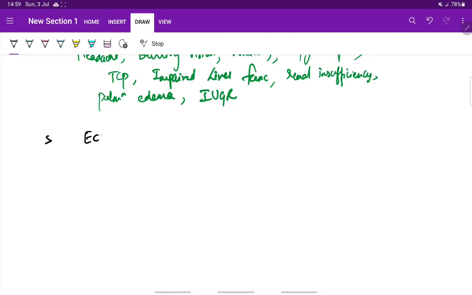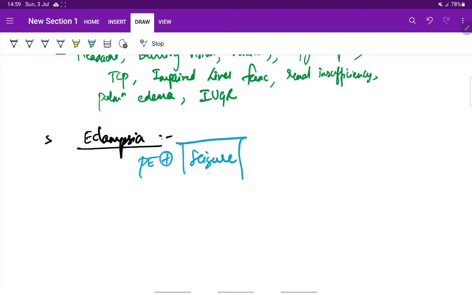So next, coming to eclampsia. Eclampsia is nothing but preeclampsia associated with seizure. This is eclampsia. So the seizures usually are of generalized tonic-clonic seizures, and they can appear either before, during, or after labor.